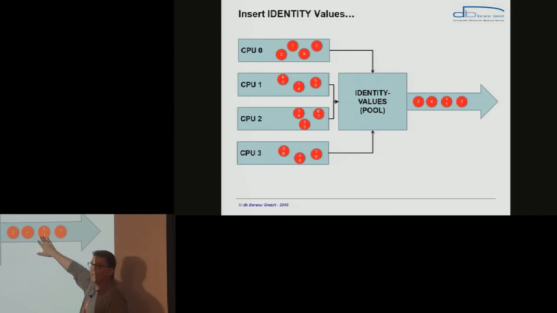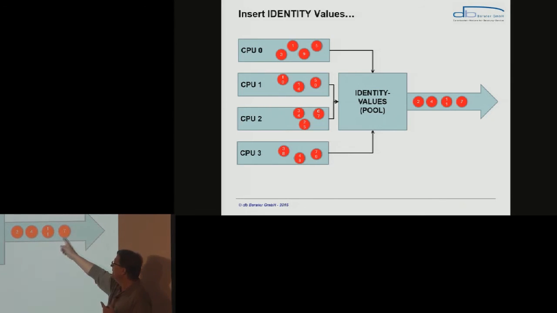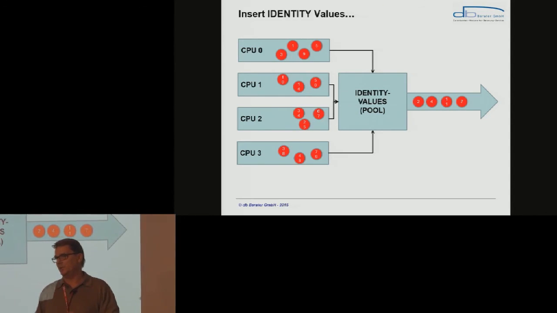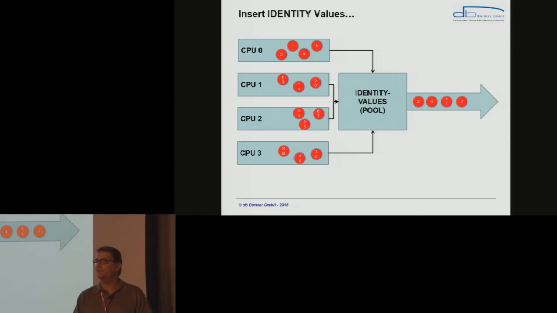I came with the 11, and after me comes the one who got the first identity value, which was the 4. Now the inserts were 7, 11, 4. So if the page is full at that moment, the 4 comes in, and we have the page split. And this is only when we have such high concurrency in our system. That will cause the page splits in a clustered index or in an index with identity values.